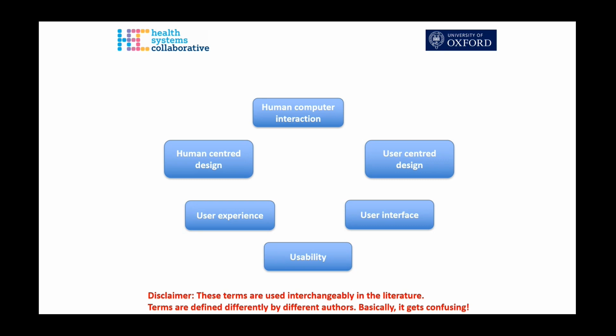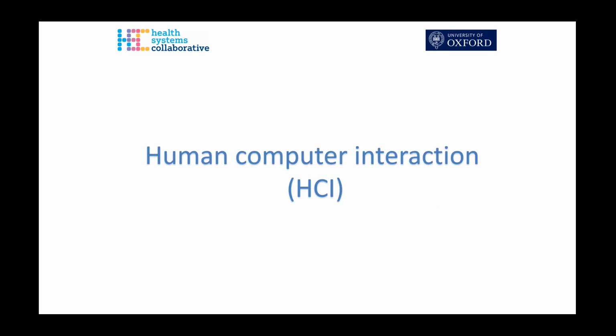And there's a disclaimer at the bottom just to say, and this will come up multiple times in the presentation, that these terms are used interchangeably in the literature. The terms are defined differently depending on who's talking about them. So in essence, it just gets very confusing. So if they sound similar or you're unclear where there are differences, that's perfectly fine. That's how it's meant to be. Next slide, please. So I'll let Asma go over human-computer interaction.